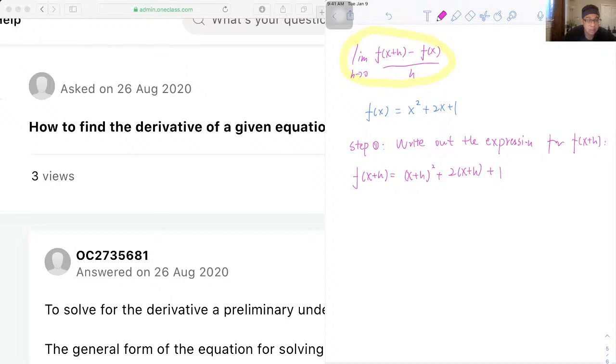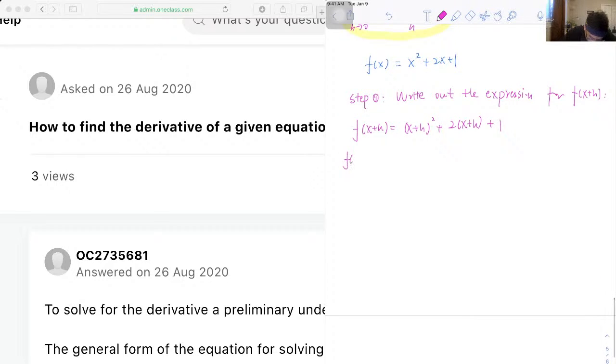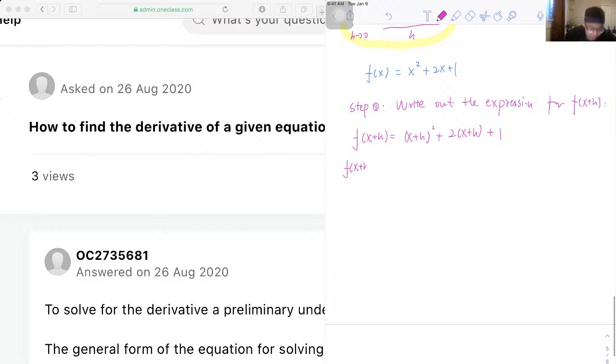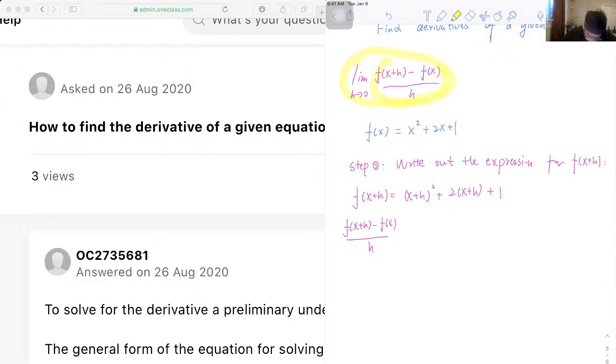And we can use this to write out the form, which is f(x plus h) minus f(x) over h, and that is from what we have earlier, so those are the same thing.